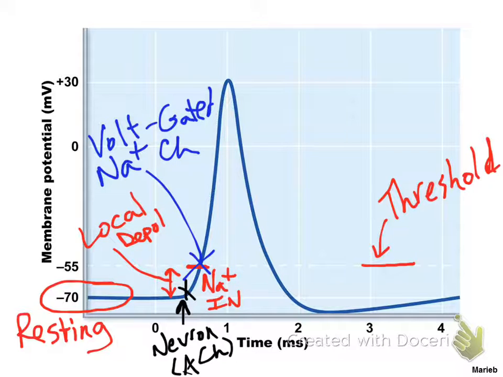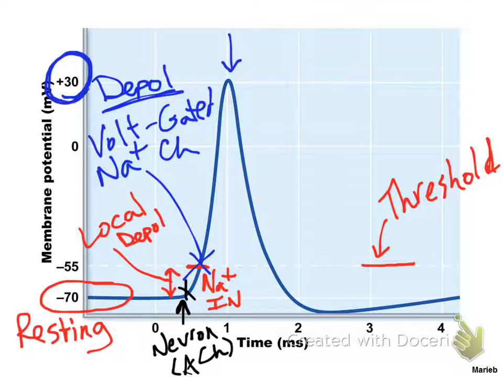And so we have this flood of sodium that comes inside the cell, and that's what creates the true, full depolarization of the action potential. And notice, if we look at the very top of our curve and we compare that to where we are in the membrane potential, by the time we hit the top of the action potential, we've reversed that membrane potential.